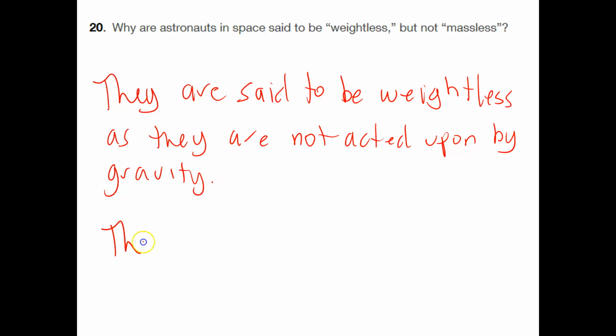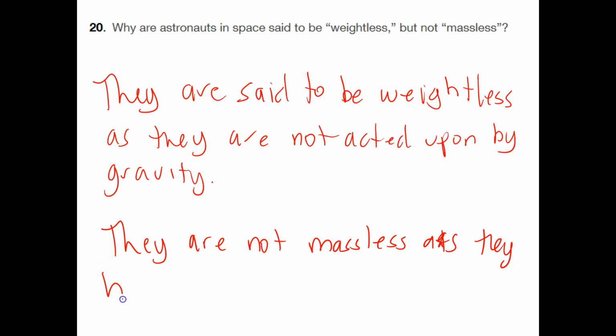So they are not massless, or let's put it this way, they are made of matter. And matter always has mass.